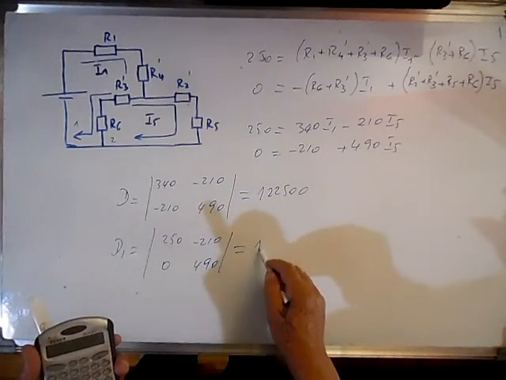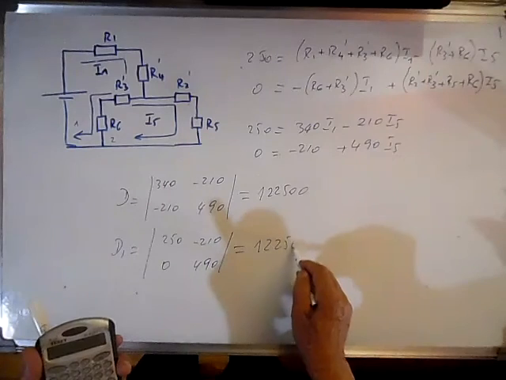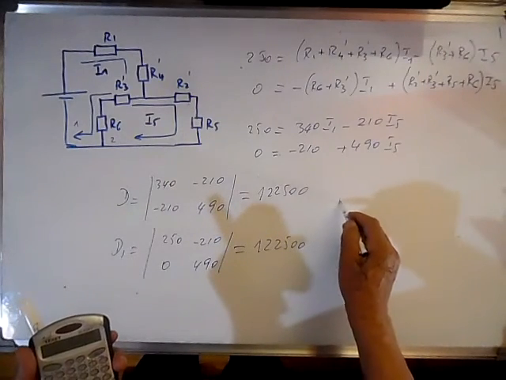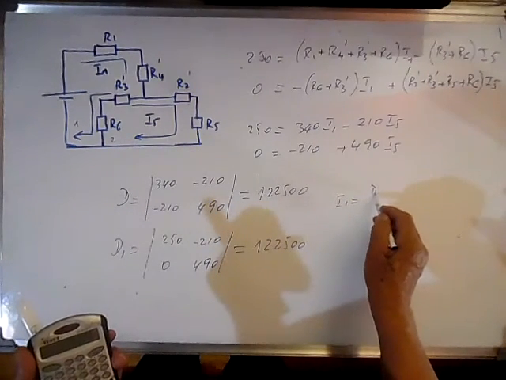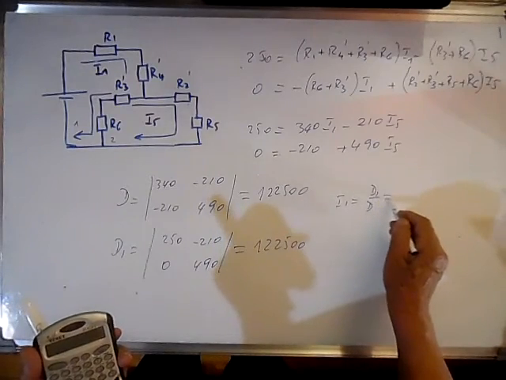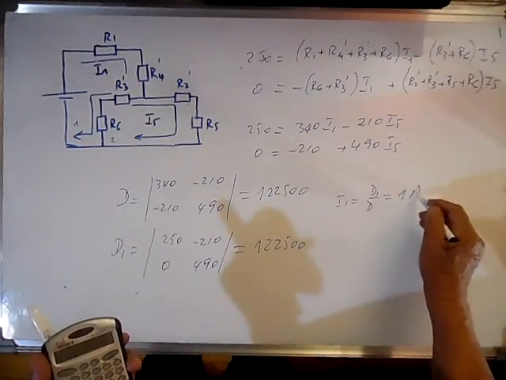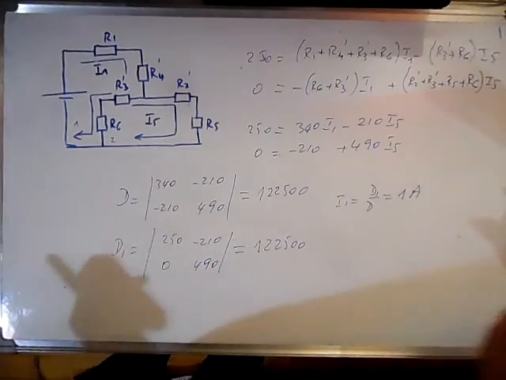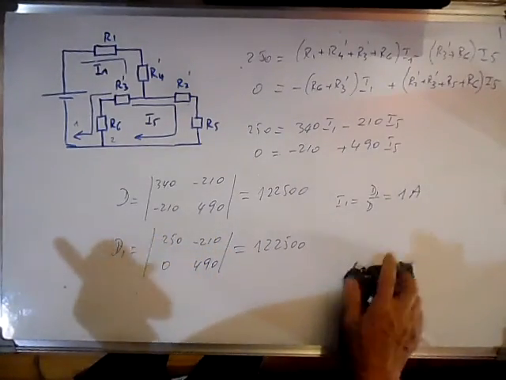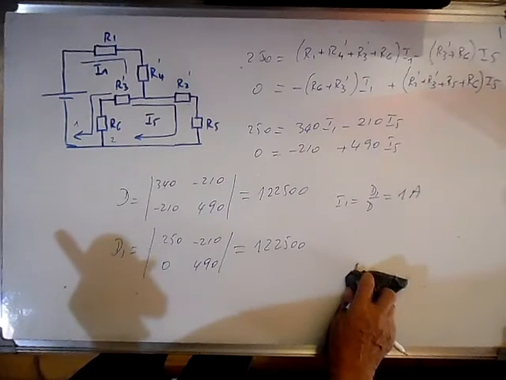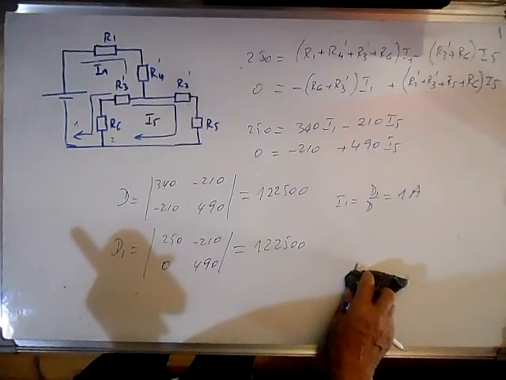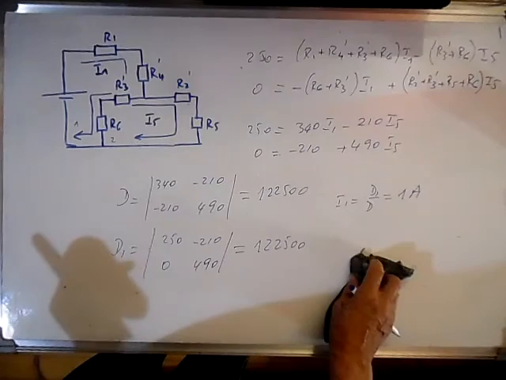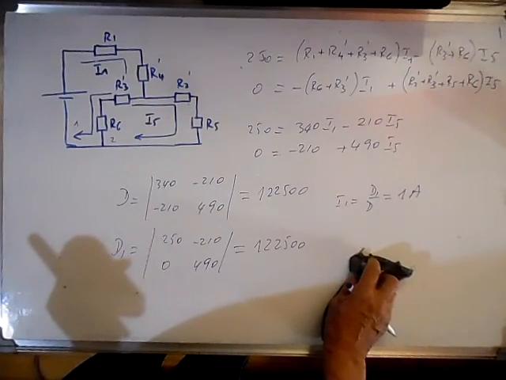This gives us 500, and we see that I1 is equal to D1 over D, and it's 1 amp. We find the result we looked for. Now remember the result with the method of the equivalent resistance, we had 1 amp.